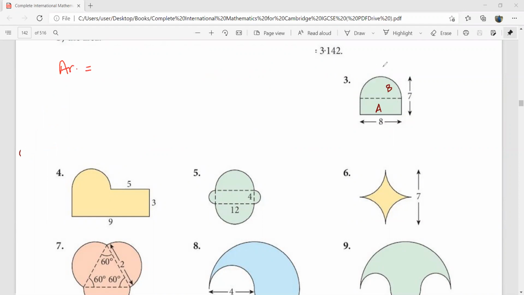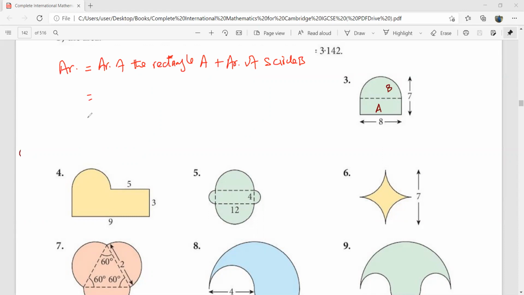You make a plan for how you would find all this area. That is the area of the rectangle, which is A, plus the area of the semicircle, that is B.